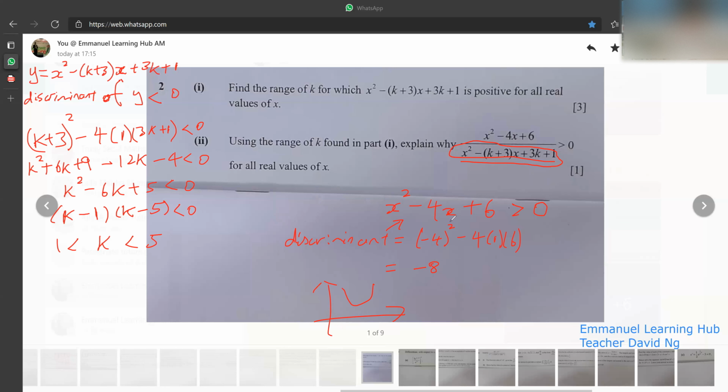Therefore, this expression here, you can let this expression be f(x). So therefore, your f(x) is always greater than 0 for all real values of x.